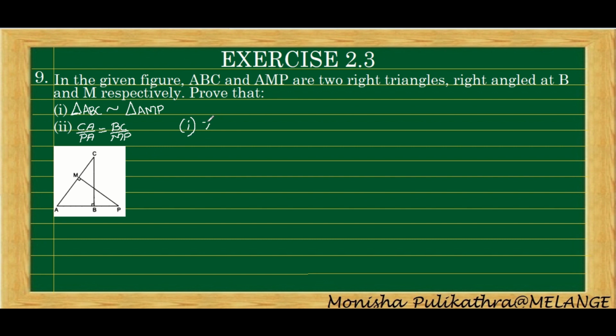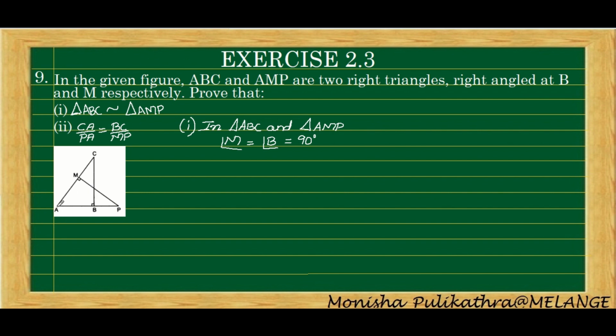For that we need to take the two given triangles, that is triangle ABC and triangle AMP. What is common here? Angle B and angle M are the same because both are 90 degrees. So angle M is equal to angle B because both are 90 degrees. Next, in both the triangles, A is a common angle.